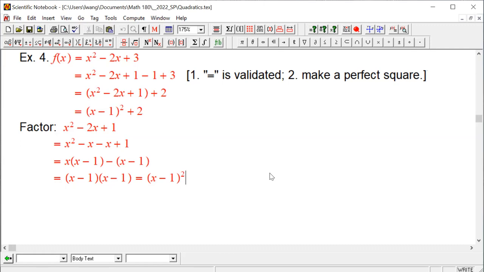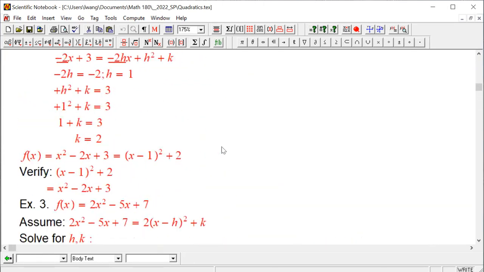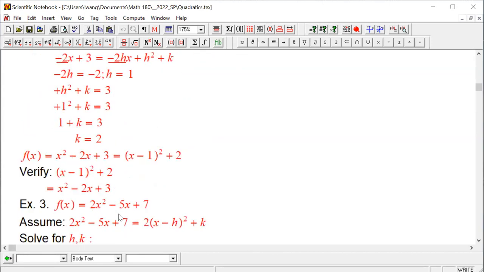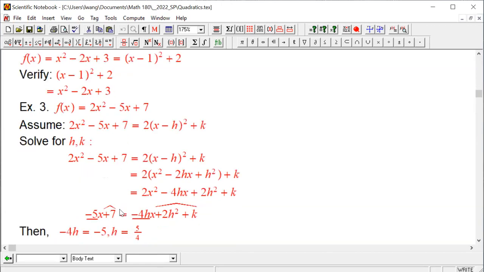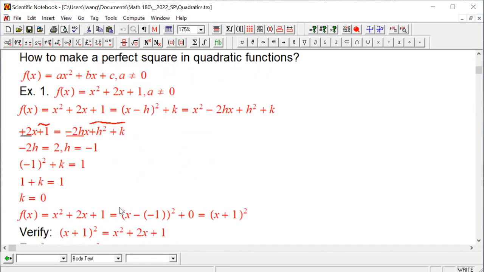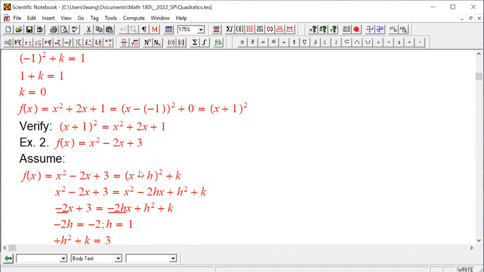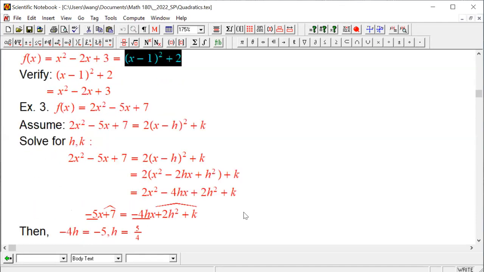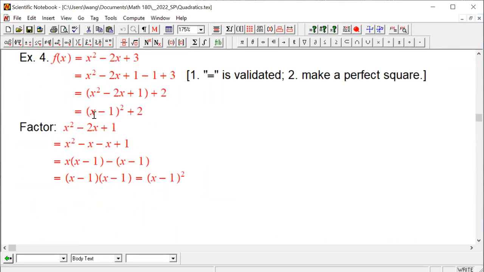Does that make sense? Okay, so this process, we have done the completing square already, right? You see we get the same results for example 2, which is (x minus 1) squared plus 1.